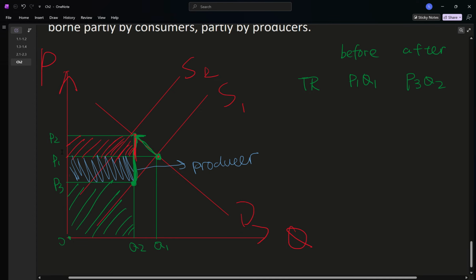You see? Let me repeat. There's an increase from P1 to P2. So this part of tax is actually paid by consumers because there is a price increase. And this part has to be paid by producer, because who else can pay that?